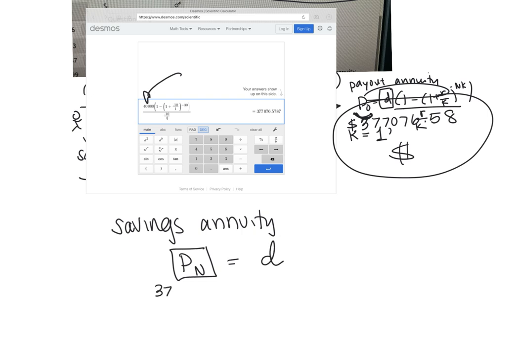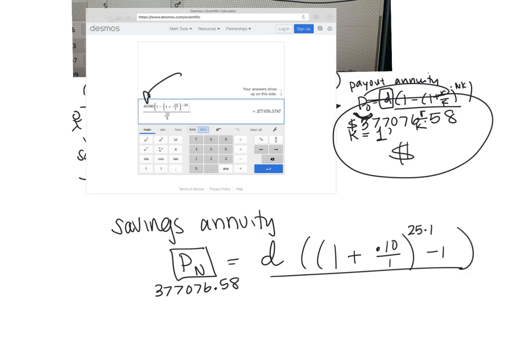So we put 377,076.58 in place of PN, which is equal to D, what we want to solve for, times (1 plus our rate, 0.10, still). All of that is the same. Our years change, though, because we're only going to be able to retire in 25 years, so this is only going to compound for 25 years. We'll do 25 times 1, minus 1, close that big parenthesis, all over 0.10 over 1.